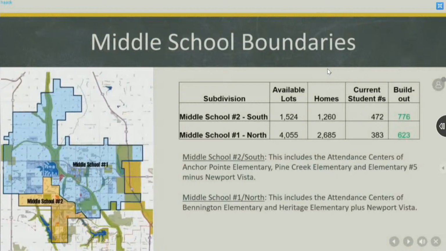So middle school north, middle school number 1 has 2 attendance centers. I can tell you when I look at a corridor, and this is the corridor, if you can envision it in your head, from 168th Street to 156th Street, 1 mile wide, from Bennington Road down to State Street, 2 miles long.